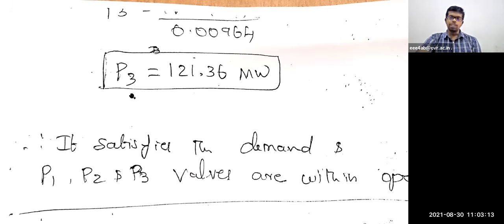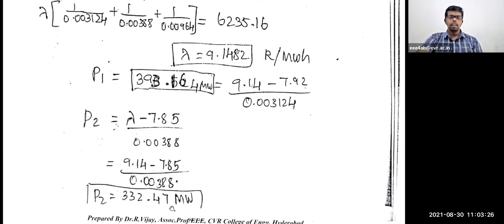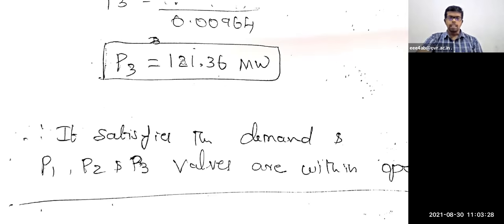Also once you check the answers, say for example P1 is equal to 393.164 megawatt, P2 is 332.47, plus P3 is equal to 121.36. You add and find out whether it is satisfying the maximum demand. What is the total demand that is given?